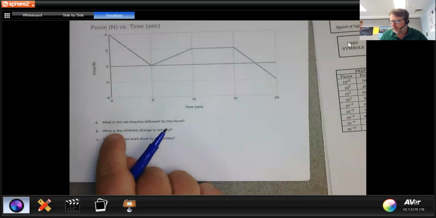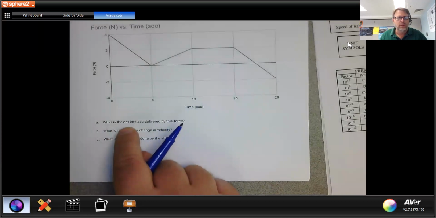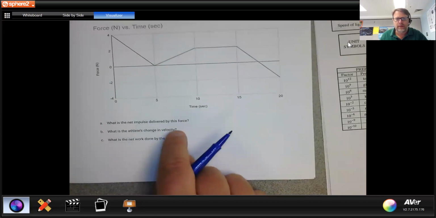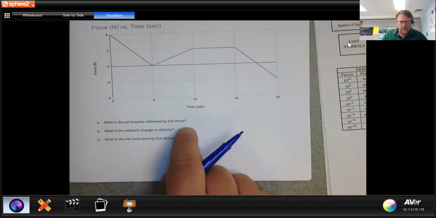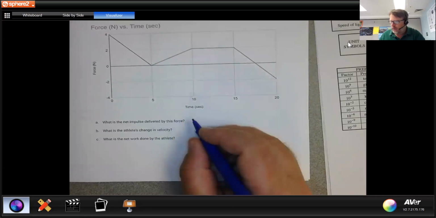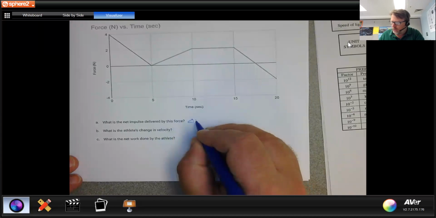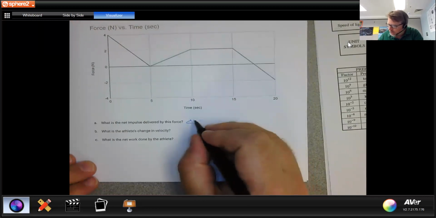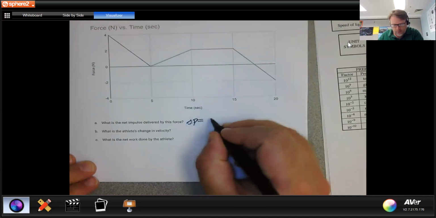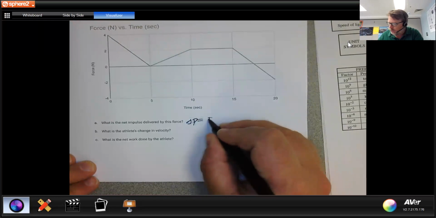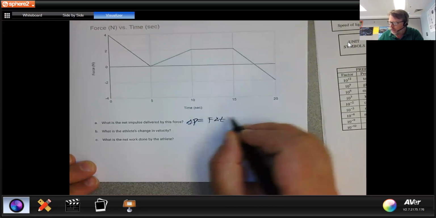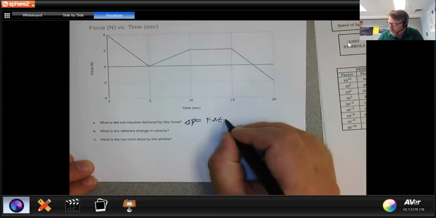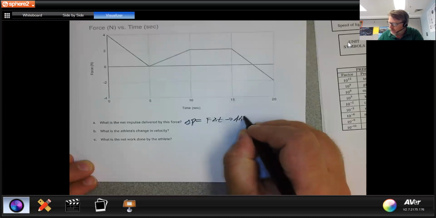All right, so the first question, what is the net impulse delivered by this force? One thing you need to know is change in momentum is impulse. And if change in momentum is impulse, we can use that as force times change in time, which is going to translate to area.